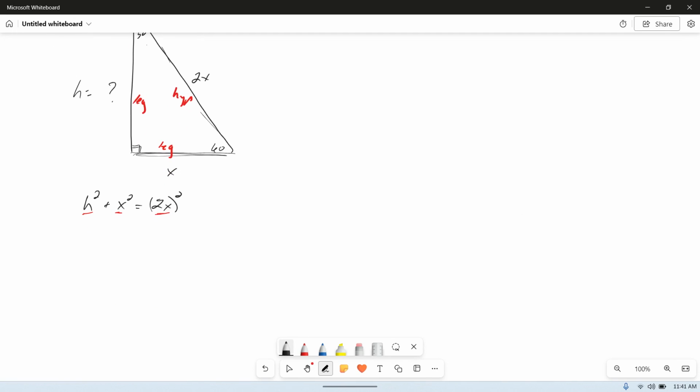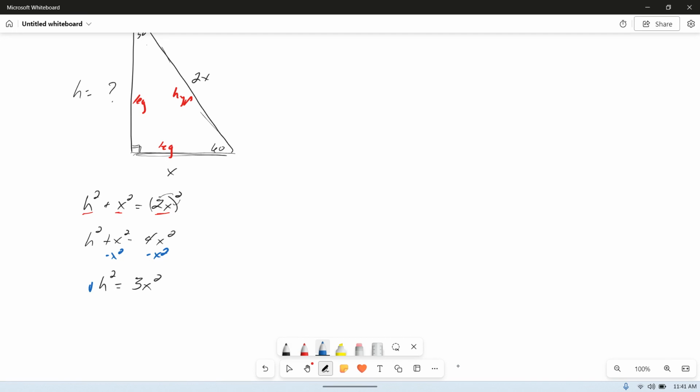So h squared plus x squared will equal 4x squared. Remember, the 2 is getting squared and the x is also getting squared. Moving forward algebraically, I'm going to subtract x squared from both sides, and h squared will equal 3x squared. 4x squared minus 1x squared is 3x squared.